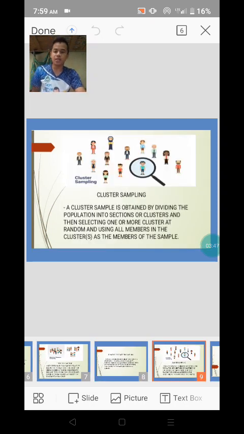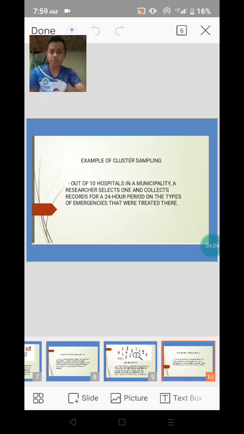So fourth is the cluster sampling. A cluster sample is obtained by dividing the population into sections or clusters and then selecting one or more clusters at random and using all members in the clusters as the members of the sample. Example: out of 10 hospitals in a municipality, a researcher selects one and collects records for a 24-hour period on the types of emergencies that were treated there.